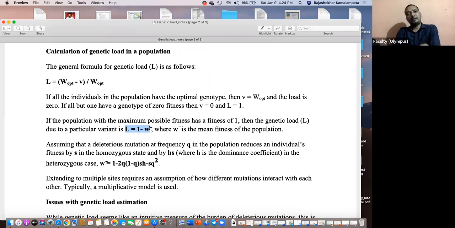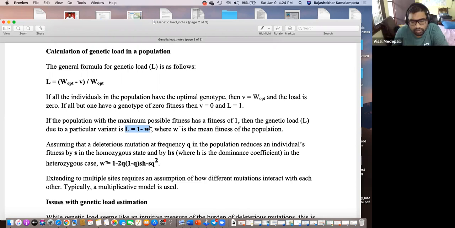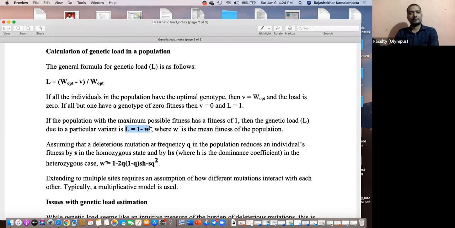Average fitness of a population is 0.4. 0.6. Exactly, 0.6. 1 minus 0.4 is 0.6. I'm talking about a very simplistic scenario, okay? I don't think we need to get into the details of complex scenarios, but are you able to understand this?